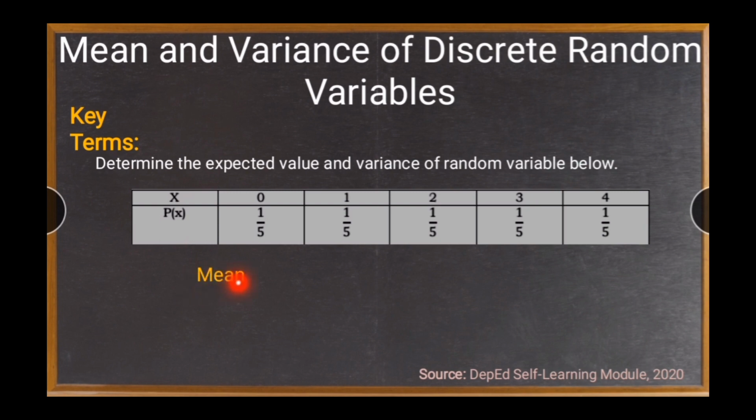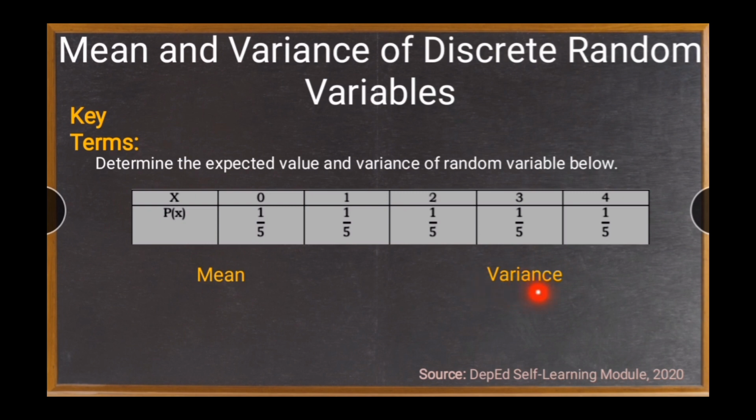We will define mean. So mean is actually the expected value. In a discrete random variable, it is the central value or average of its corresponding probability mass function. We also have variance.